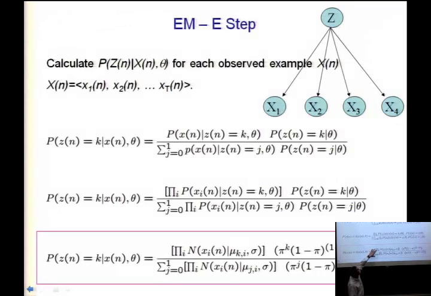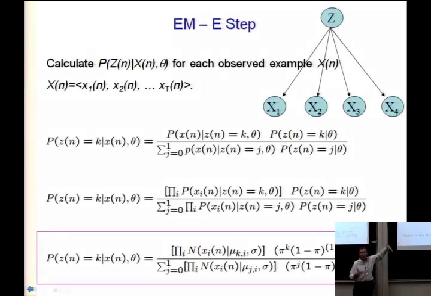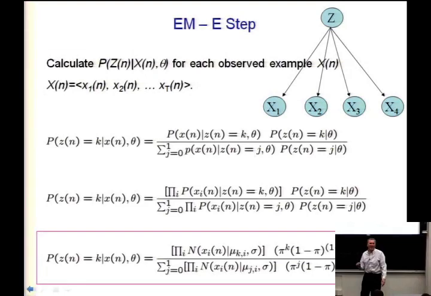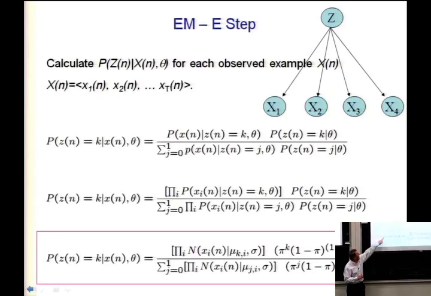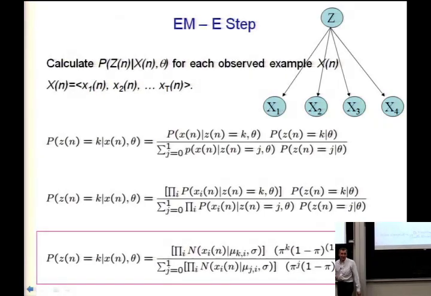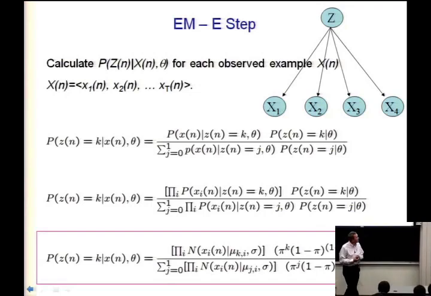This is just the same as the first expression, except that I've written it in terms of the actual parameters in that collection of conditional probability tables in the Bayes net. So this is just applying your naive Bayes classifier to get the probability, on the nth example, of z taking on value k given the observed features of the nth example.